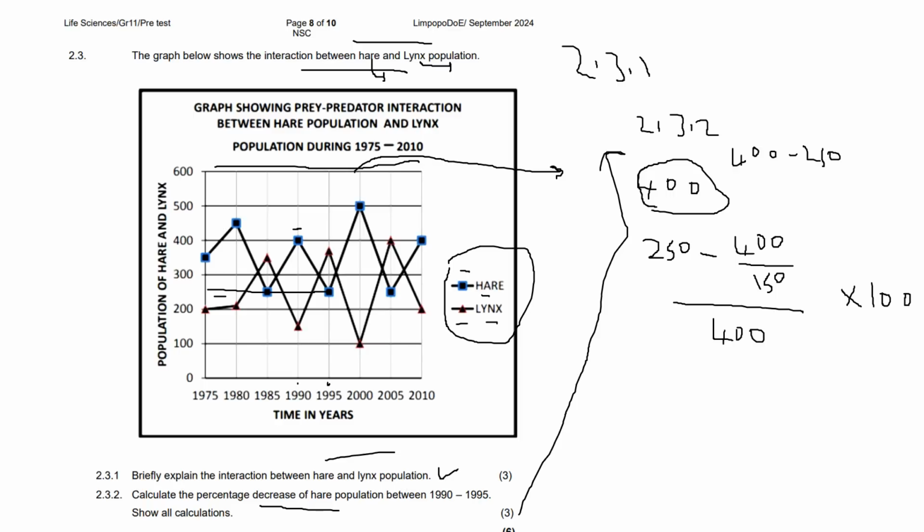It will be 250 minus 400 divided by 150. So 400 divided by 150, that's going to be 2,67.